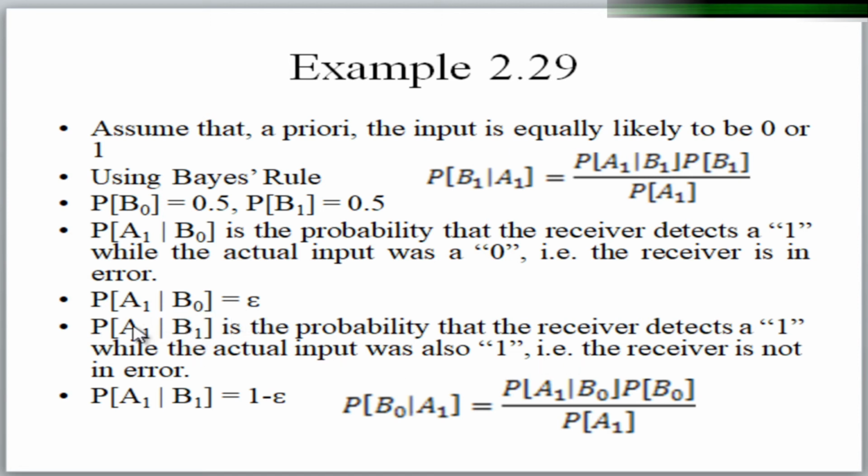And the probability that we received 1 given that 1 was sent is the probability that the receiver will output 1, and this is again 1 minus e. Writing all these things here, we will get our final result. Similarly, writing all the other things here, we will get our final results as well. All these things are available. Let's move on.